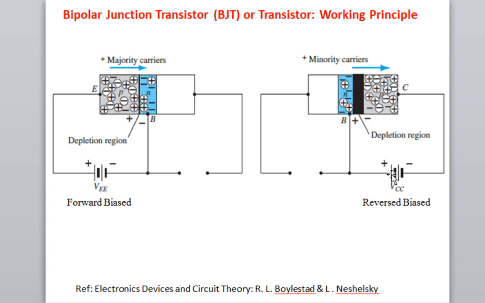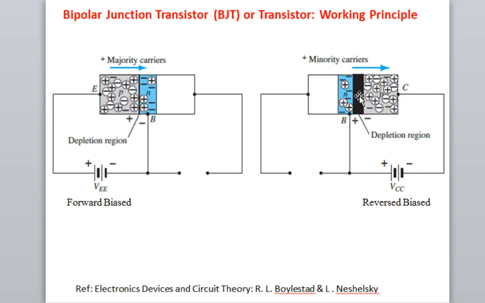In case of reverse bias, we know that the width of the depletion layer is very thick in a PN junction diode, and in case of forward bias, the width of the depletion layer is very thin. So in the first case, this black region, the depletion layer, is very thin, but in case of reverse bias, the thickness of the depletion layer increases, it is very thick.